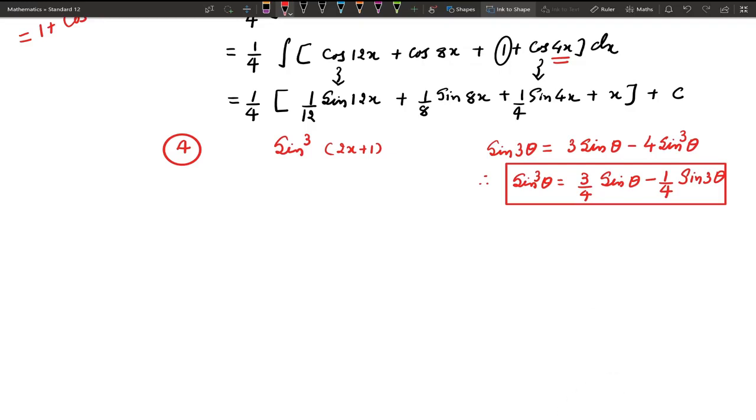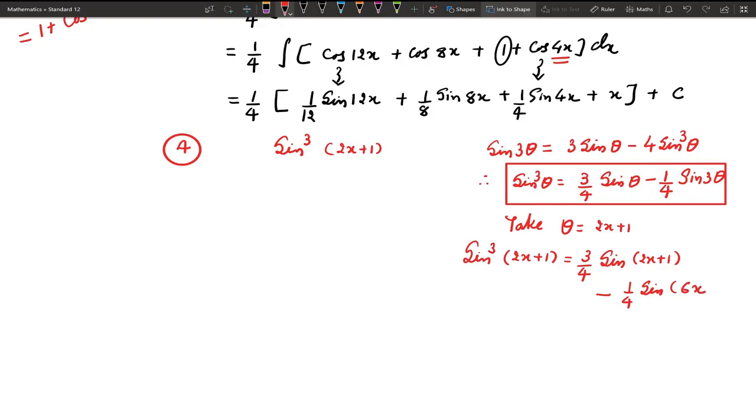Take theta equal to 2x plus 1. So sine cube of (2x plus 1) equals 3 by 4 sine (2x plus 1) minus 1 by 4 sine 3 into theta, that is 3 into (2x plus 1), 6x plus 3.